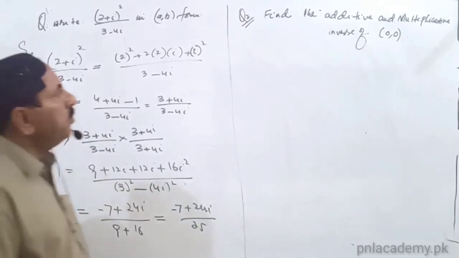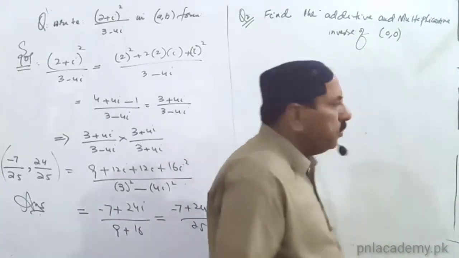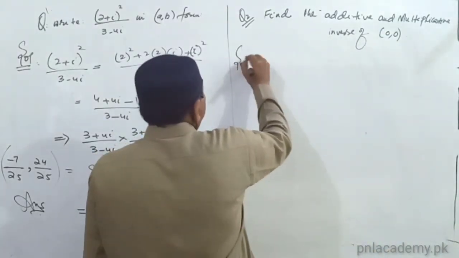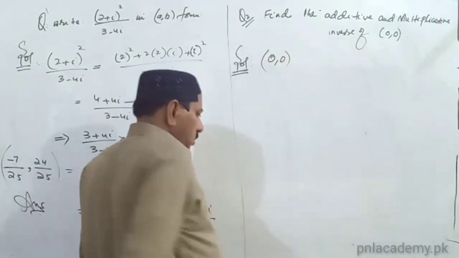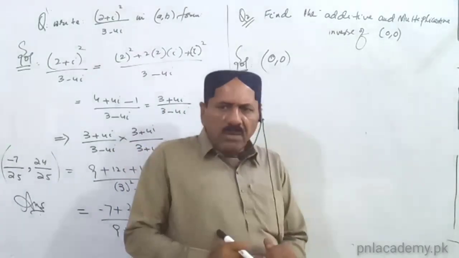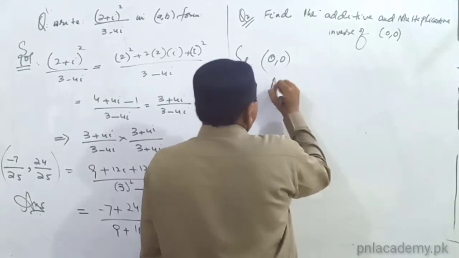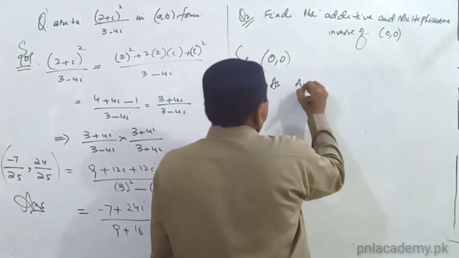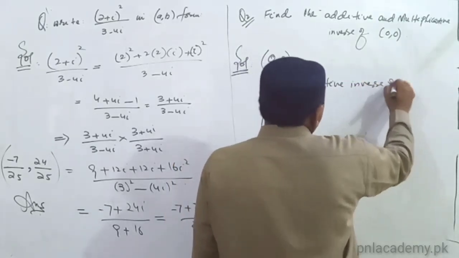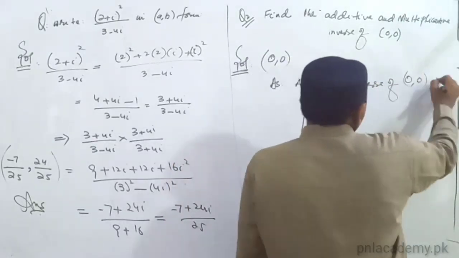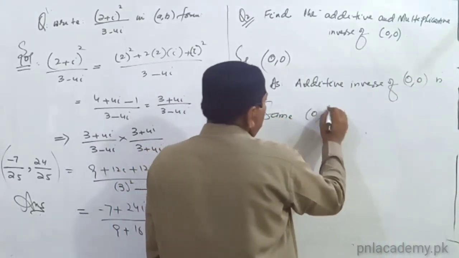Next is, we have to find out the additive and multiplicative inverse of 0 comma 0. Solution: 0 comma 0. The additive inverse of 0 comma 0 is the same, 0 comma 0.